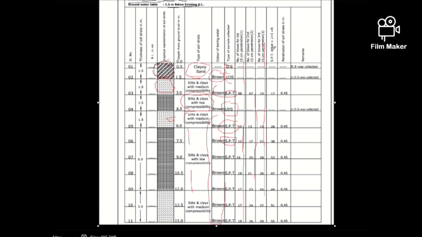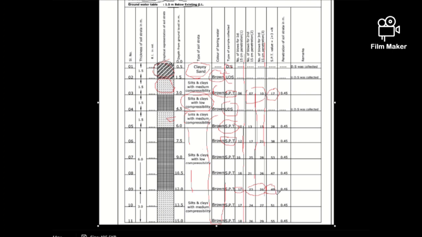So which ones must be counted? The last two, the second and third 15 cm blow values, we have to account for. Here the last test is 10 and 7, giving 17. And here also we can see 23 and 26, giving 49. So the SPT value in the field is 49. The first 17 will not be counted.